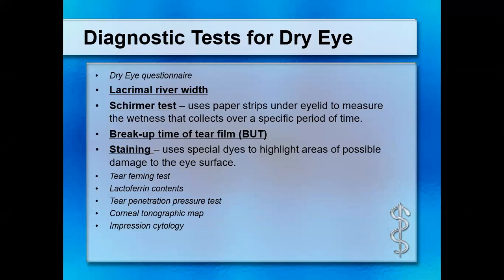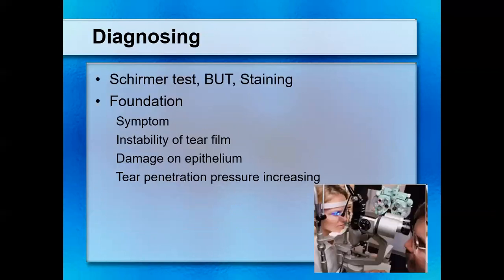Okay. How do you diagnose a dry eye? You have to do a Schirmer test. You have to do a tear film breakup time. You have to stain, and these three diagnostic tests basically give you the main diagnosis of dry eye.